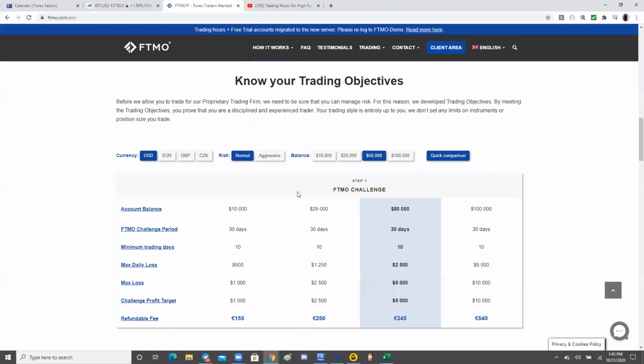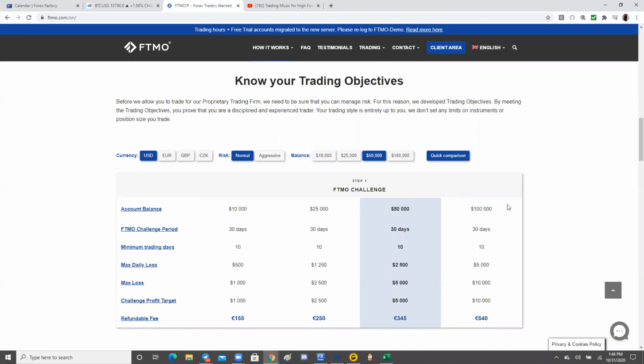Okay, so with this, you can be funded on multiple accounts, but your equity can't exceed 300K. You can have a couple of the 50K accounts, you can have a couple of the 25K accounts, or you can have all of these, but it can't exceed more than 300K.